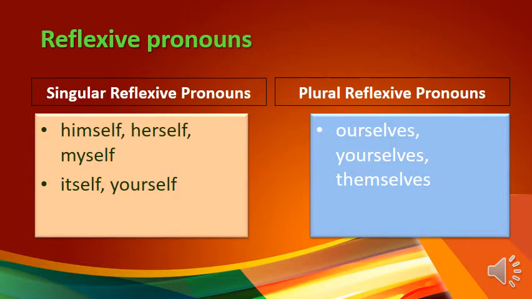Here we have singular reflexive pronouns and plural reflexive pronouns. The singular reflexive pronouns include himself, herself, myself, itself, and yourself when it is singular. The plural reflexive pronouns are ourselves, yourselves when you is plural, and themselves.